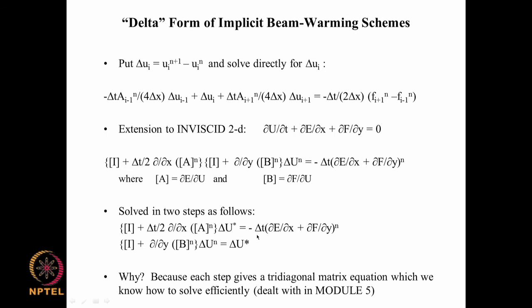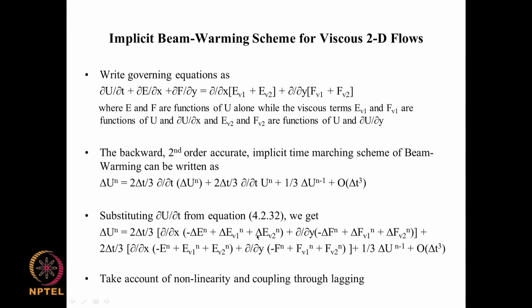So we are extending the same logic to a vastly more complicated case, and if you do some manipulations, we finally get delta u n equal to 2 delta t by 3 dou by dou t of delta u n.